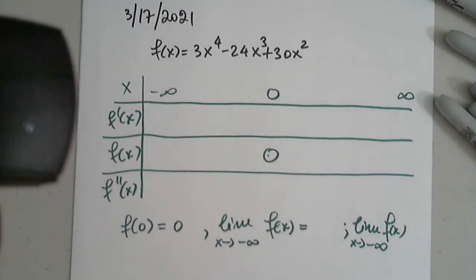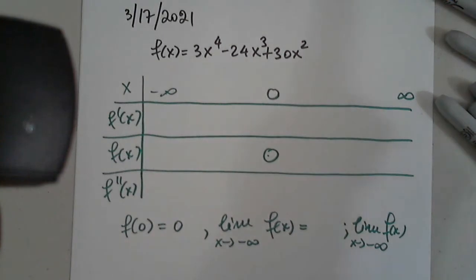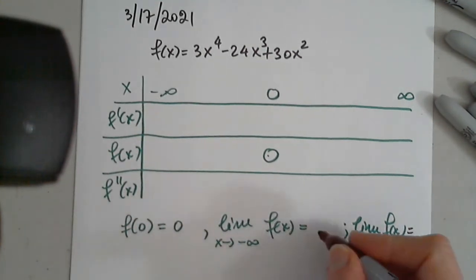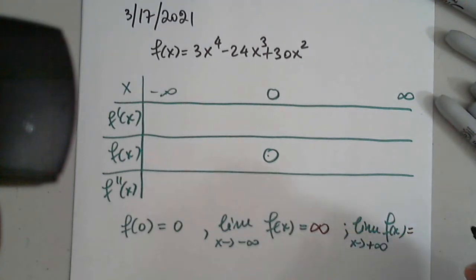As it approaches infinity, it would approach infinity. Which one do you want to give us? For negative infinity, would it go to infinity, and for positive infinity, would it also go to infinity?